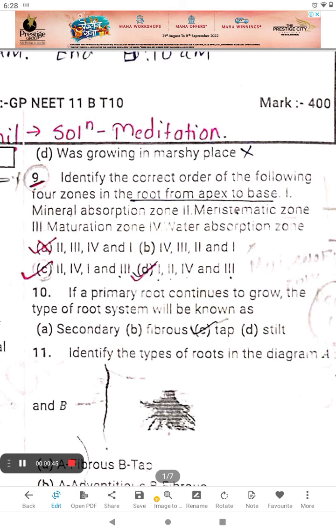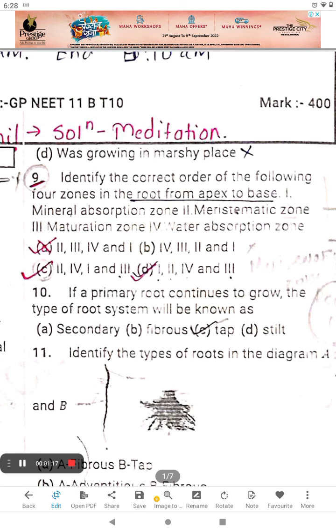Now the first will actually be the meristematic zone, but it can be the mineral absorption zone also, because root hairs can also absorb minerals. It can be one or two. If we go according to option C, first will be the meristematic zone, then water absorption zone, then mineral absorption zone, and then the maturation zone.